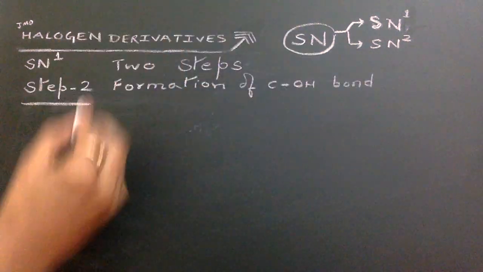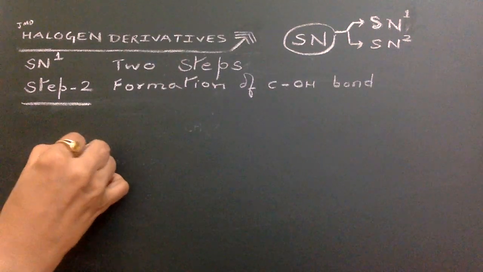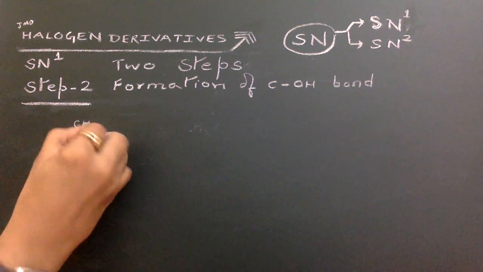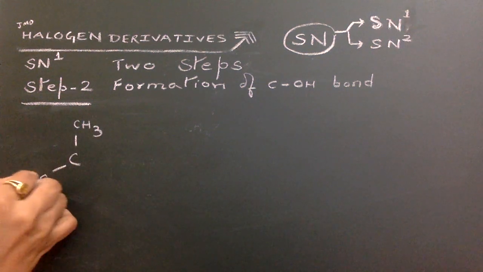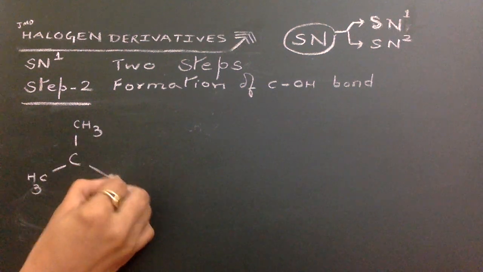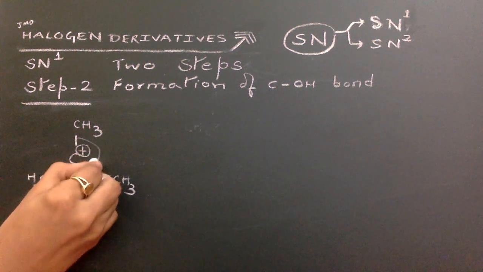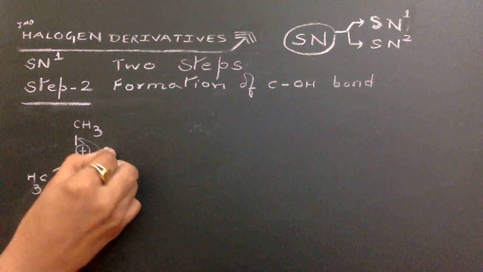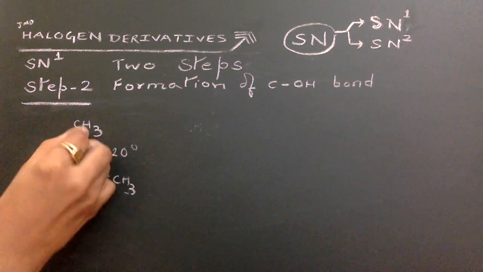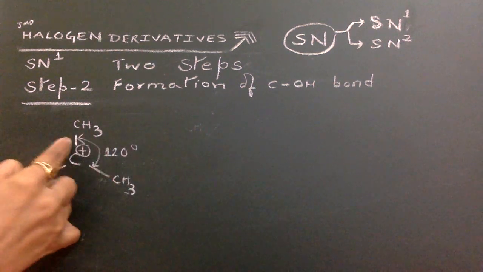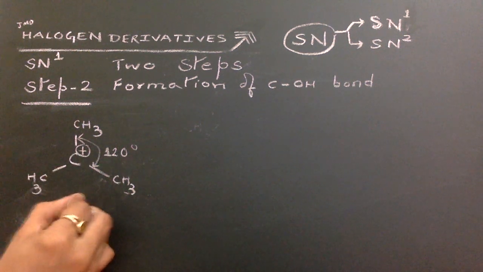Okay. Now we take the carbocation. We know carbocation is sp2 hybridized with a bond angle of 120 degree. The carbocation is equally open from all the sides, having an angle of 120 degree here and 120 degree here, and it is sp2 hybridized.